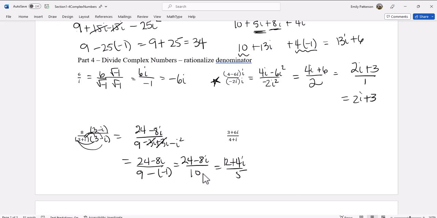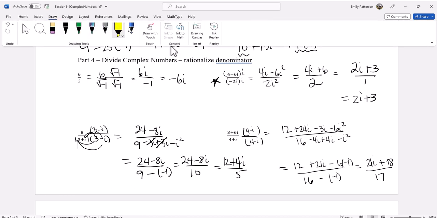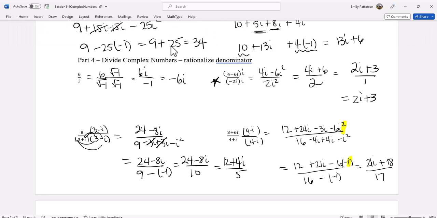Pause the video and try this using the complex conjugate of this one. So again, the complex conjugate is the opposite binomial. It's exactly the same, except instead of plus, we write minus. If it was minus, we would have written plus. And so I FOIL the top and the bottom, and then we combine this out. Again, just keeping in mind that every time we see an i squared, it means -1.